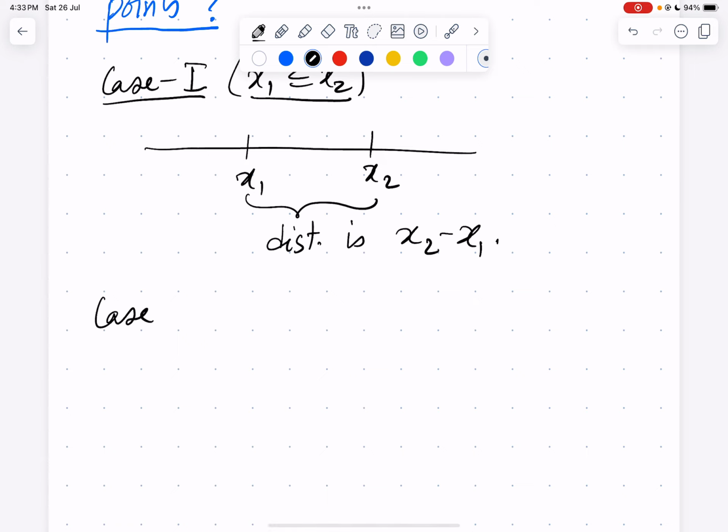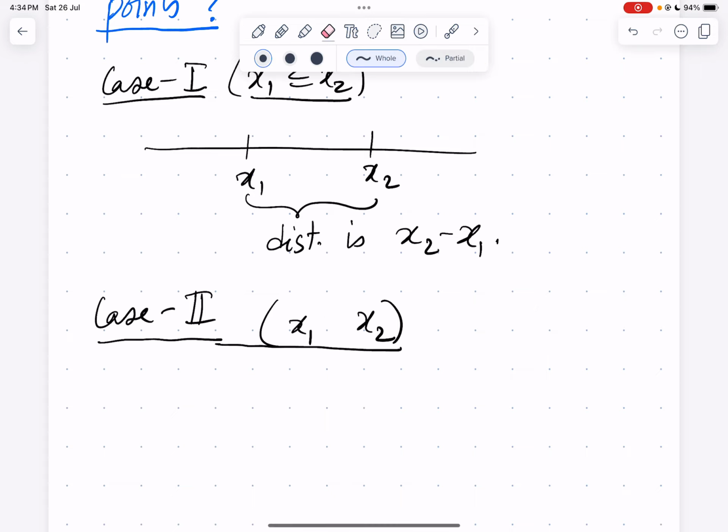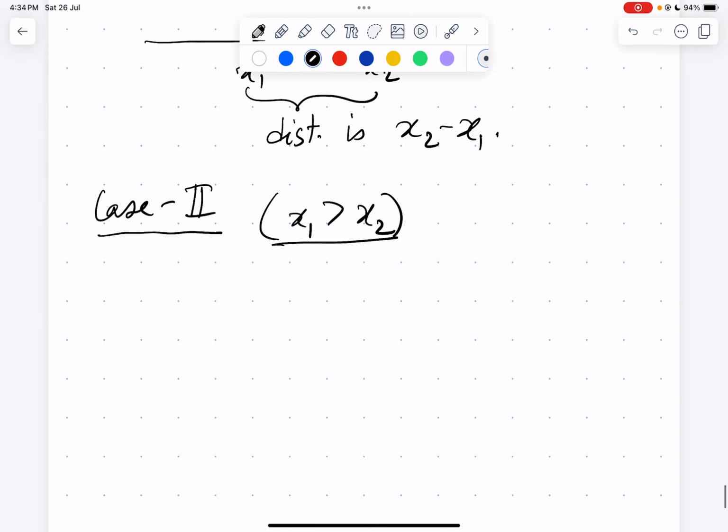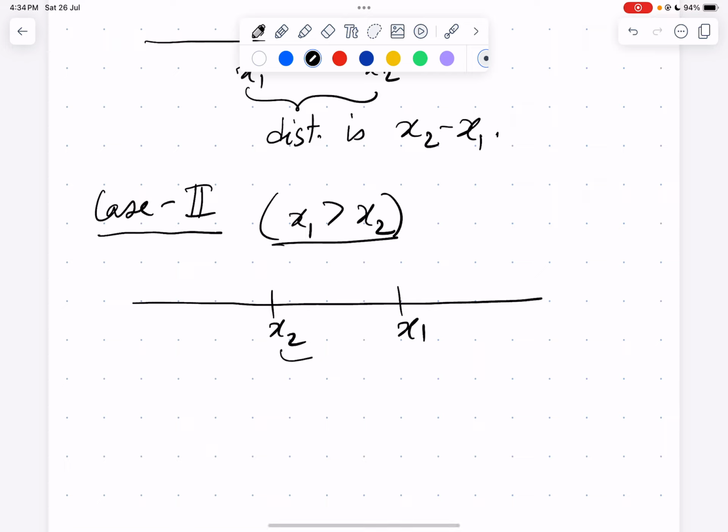Right. So we have another case where the point x1 is greater than the point x2. So these are the two possible cases. In this case, the distance is x1 minus x2.